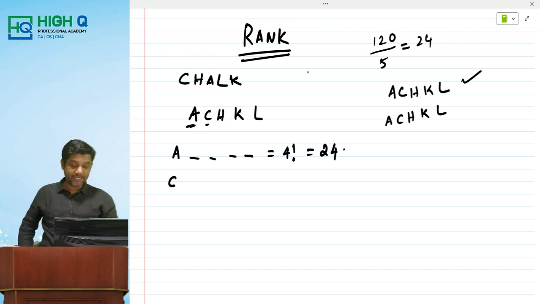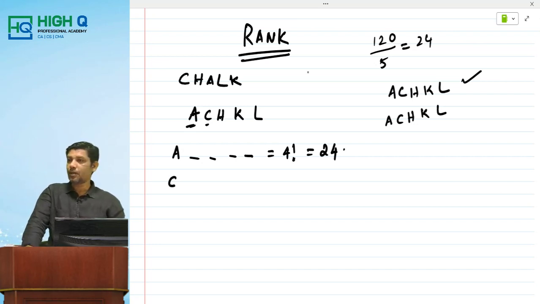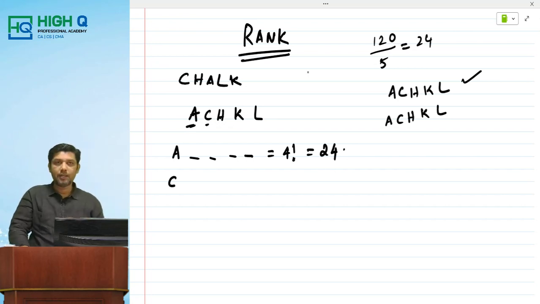Next one, start with C. Do you want C as the first letter? Yes, CHALK begins with C, my dear. Keep it as it is. Cut it. Again go from the first position. What is there in the first position? A. Do you want A as the second letter?